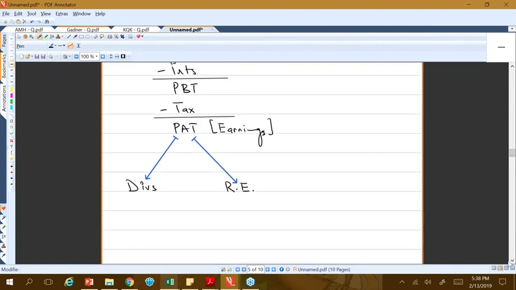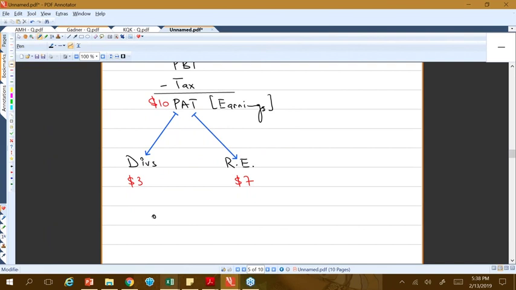If I put simple numbers here and say that this is $10 as profit after tax, dividends are $3, retained earnings are $7, which means that the profit which I have retained is $7. Therefore, 7 over 10, my profit retention ratio here is 70%.